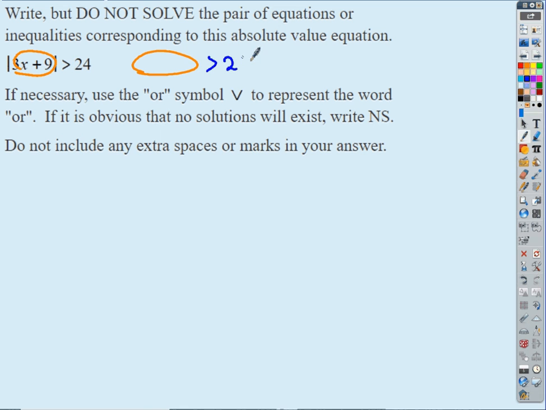It's got to be greater than 24, or, very good, or whatever's inside is going to be less than the negative. So there are my 2 inequalities that I'd write. Doesn't matter the order, right? Make sense? Okay, go. We'll give you a chance to finish that up.